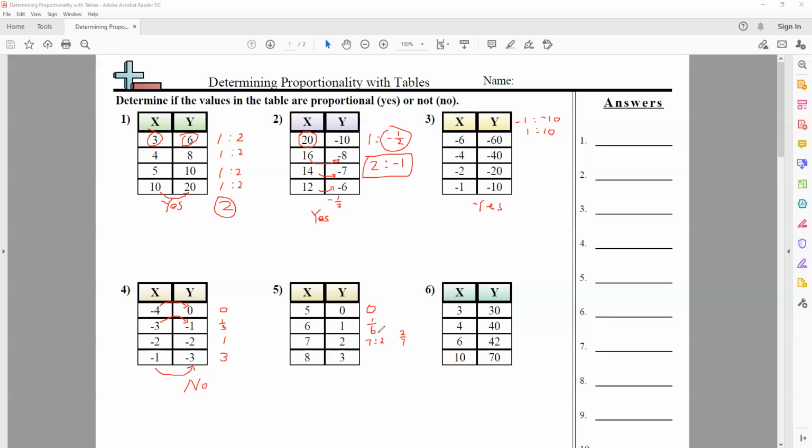So right away, you know these are not the same anyway. And then 8 to 3, so 3/8. So that's a no. Sometimes when they do 7 to 2, it could mean 7/2, okay? But the only reason I do 2/7 is because I'm going from 7 to become 2, that means it's going smaller, right? Okay.